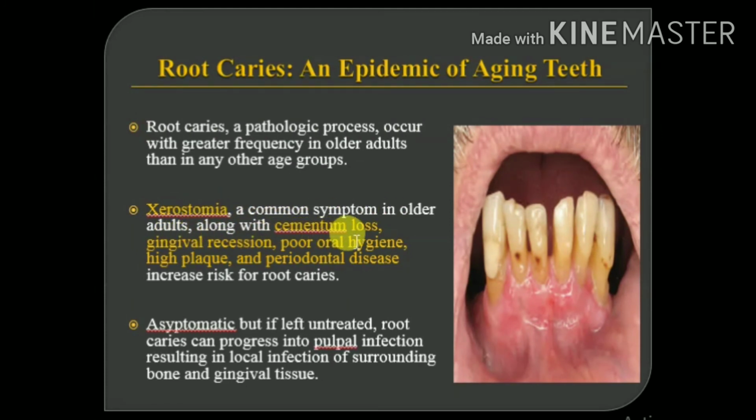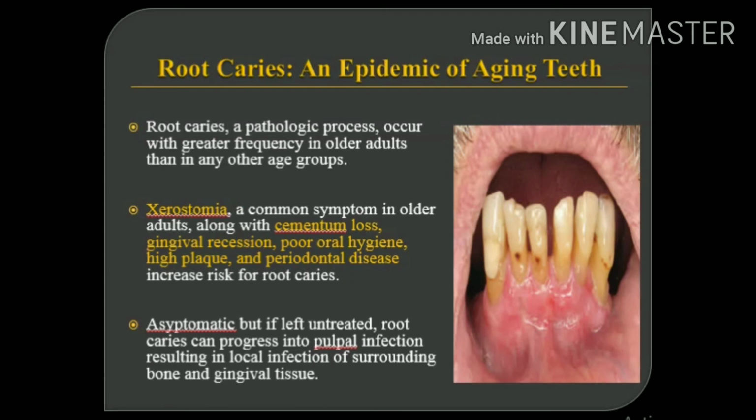Along with loss of cementum, gingival recession, poor oral hygiene, high plaque indices, and periodontal disease, that leads to increased risk towards root caries. They are asymptomatic, but if they are left untreated, it can progress into the pulp, resulting in local infection of the bone, of the gingiva, of the periodontium.